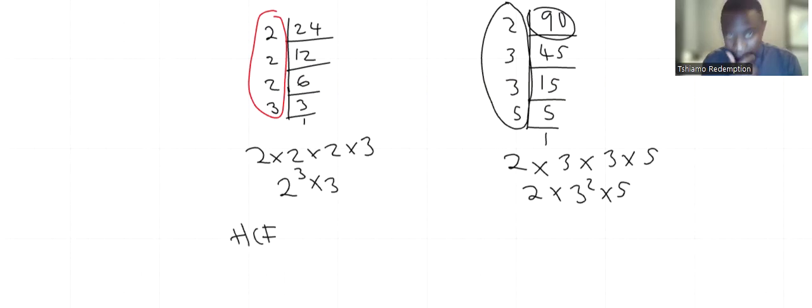For the highest common factor, I always say you're going to look for a power or a number that appears in both. So I have a 2 and a 2 there. I have 2 cubed and 2 to the power 1 there. I'm going to choose the one with the lowest exponent, which is this one.